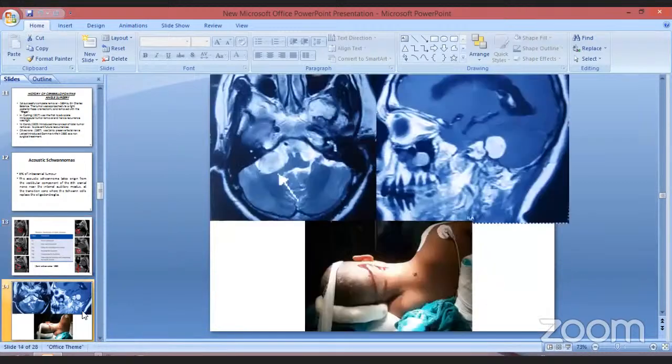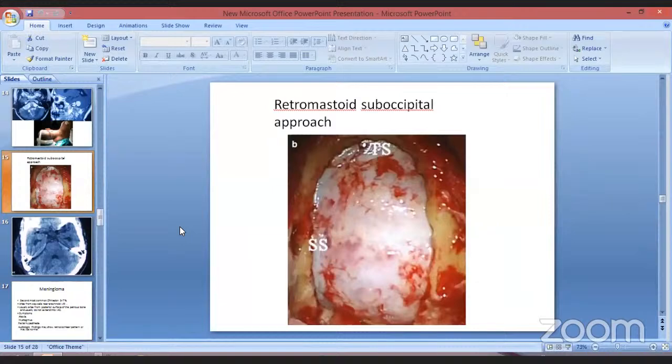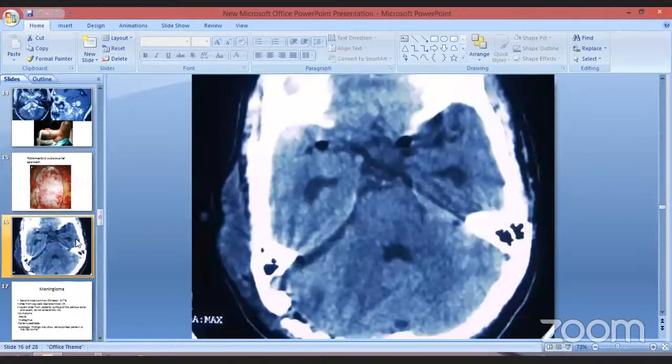So this is one of the cases in which there is a small CP angle vestibular schwannoma, in which we performed a right suboccipital craniotomy and removal of the tumor, and this was the post-op scan of the patient after removal.